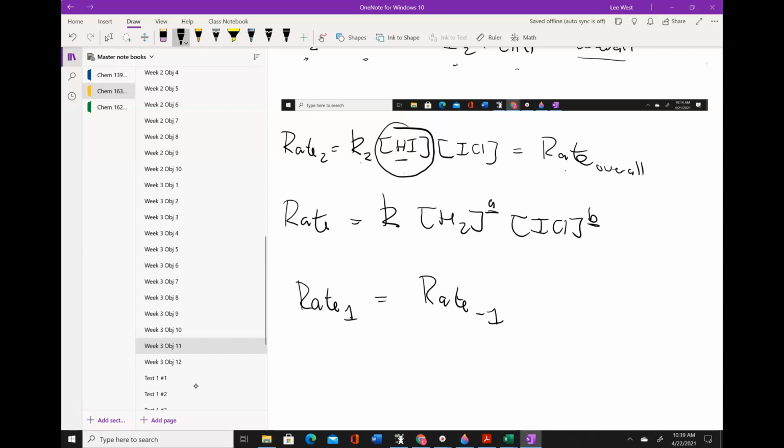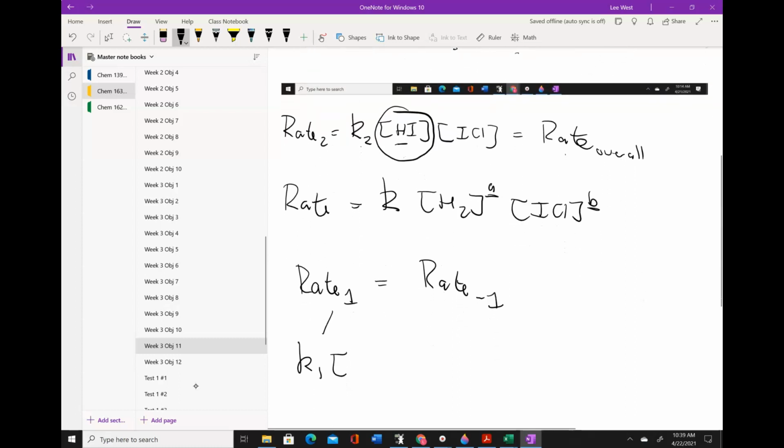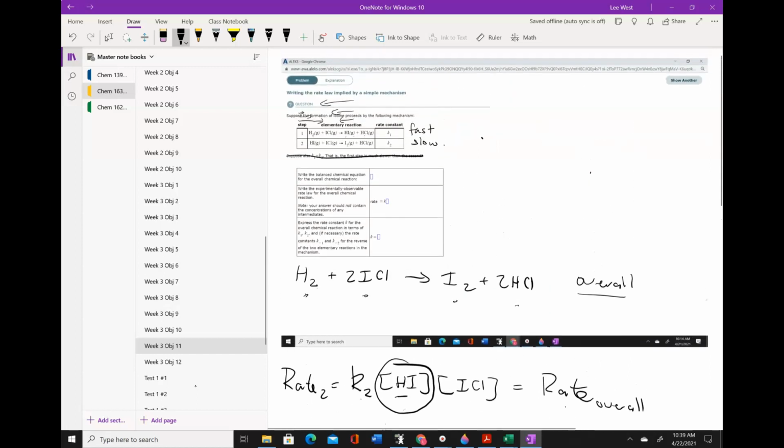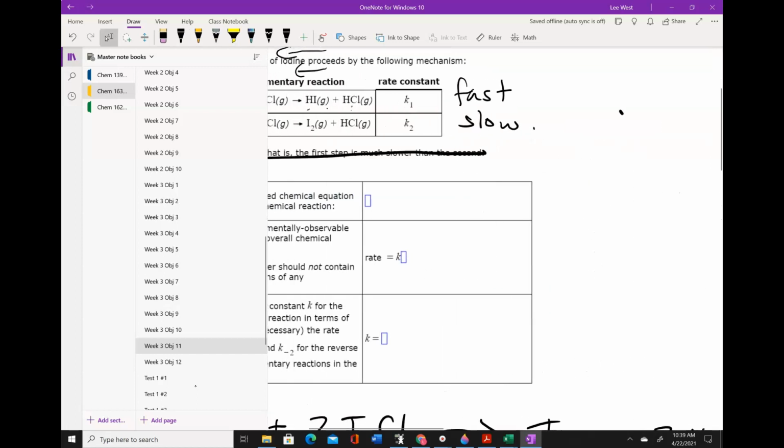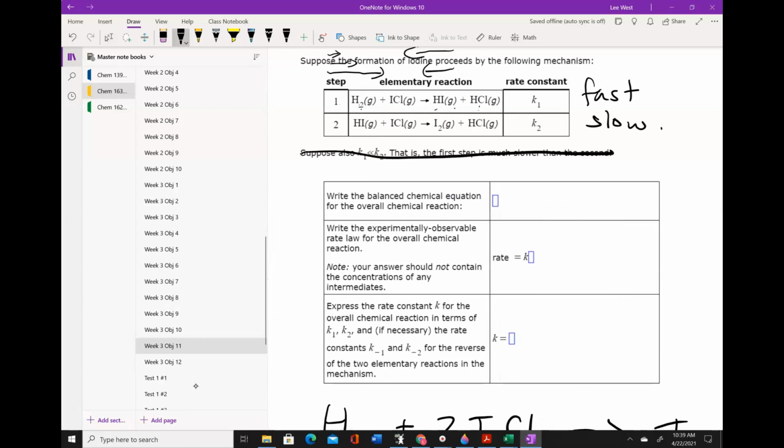So the rate of the forward reaction can be written as k1 multiplied by the concentration of H2 to the power of 1 multiplied by the concentration of ICl to the power of 1. And how I'm getting that is just from the fact that in this elementary step or elementary reaction, there's one of each of those two things.